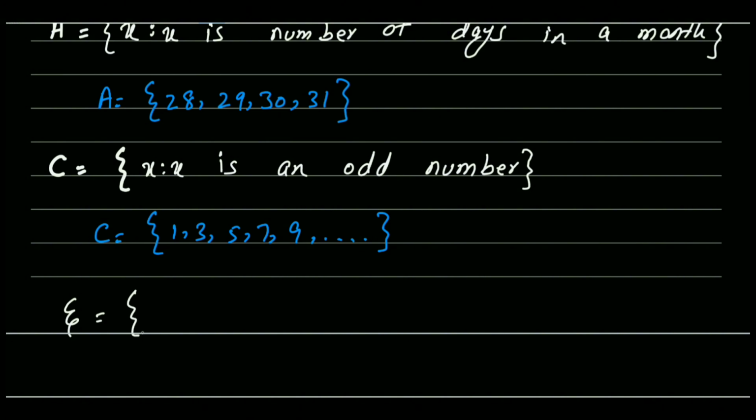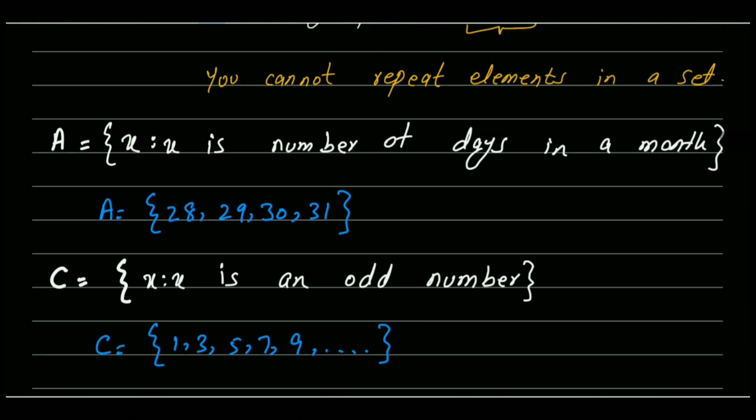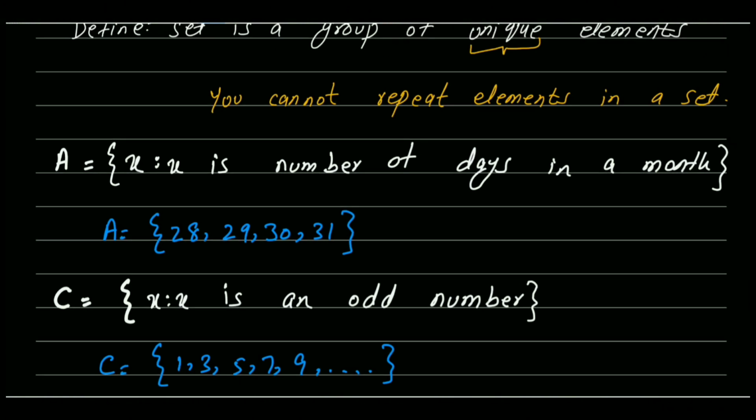If a universal set is given, X such that 1 is less than or equal to X, X less than 12 and X is an integer, this is called listing form.